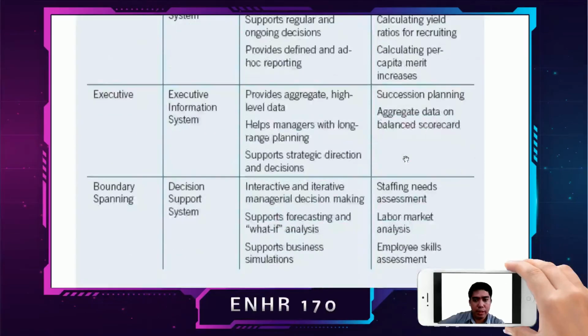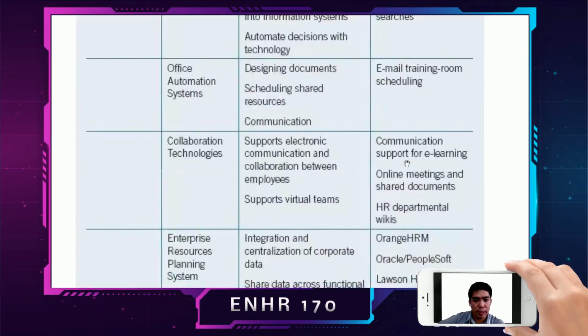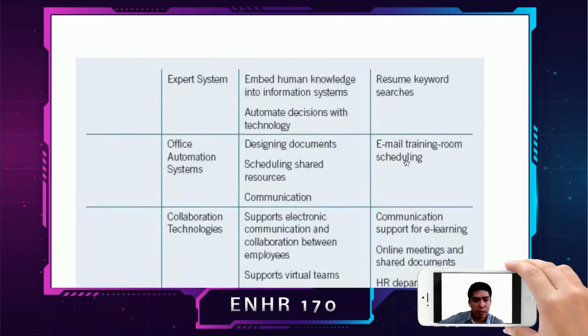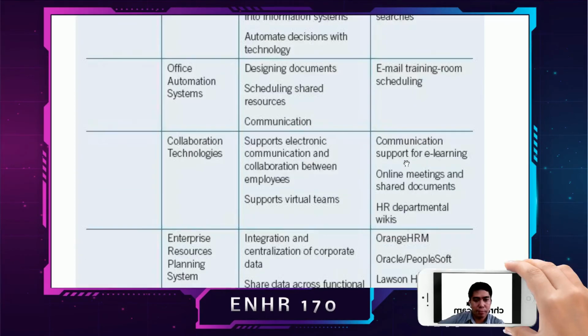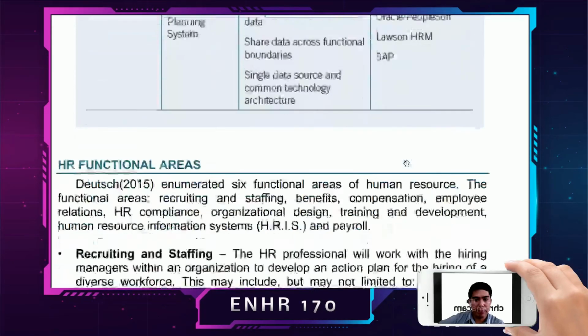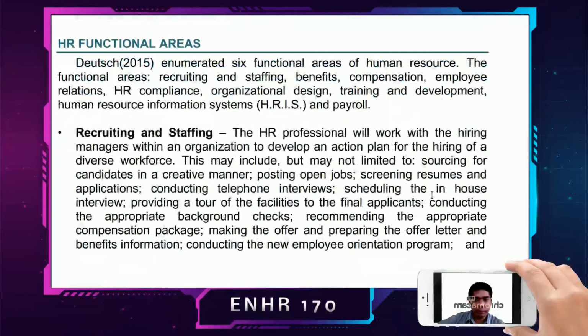So, kindly read on this one. We will not be discussing this one by one. Okay. So, alam naman natin ngayon yung mga different functional areas ng human resource management, right? Okay. So, we have here recruitment and selection.